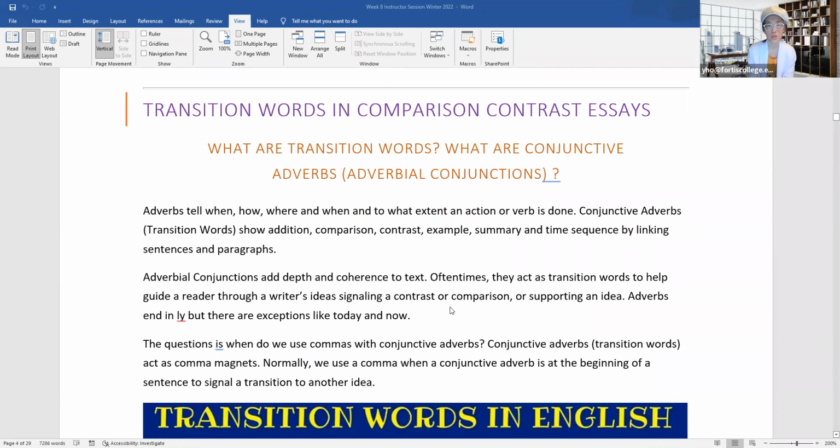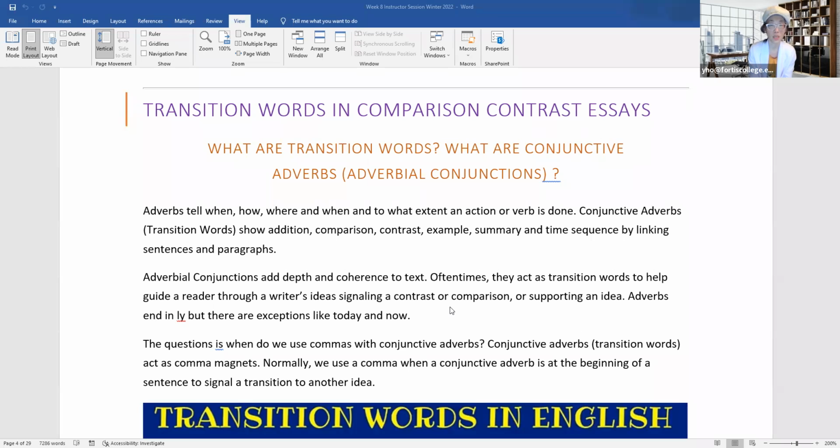What are transition words? What are conjunctive adverbs? Transition words are actually conjunctive adverbs that describe what and where and to what extent an action or verb is done. Conjunctive adverbs, transition words, they're the same thing.